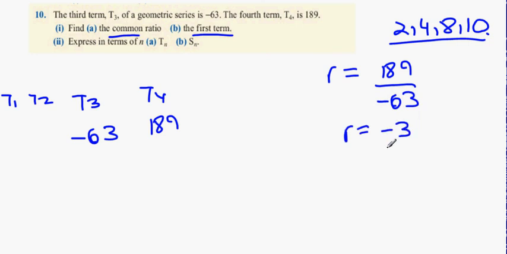Now that that's done, what we're going to get is Tn equals a r^n. Now we have to find out what a is, we don't know. But we know that T4 or T3 even, doesn't matter which one I take, T3 is a r^2.